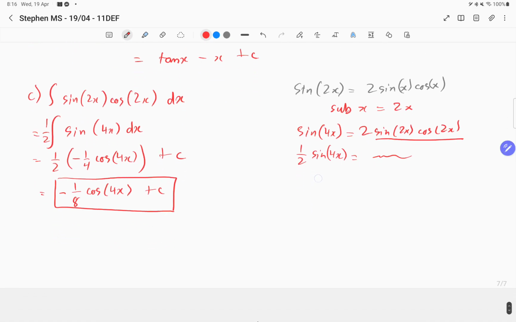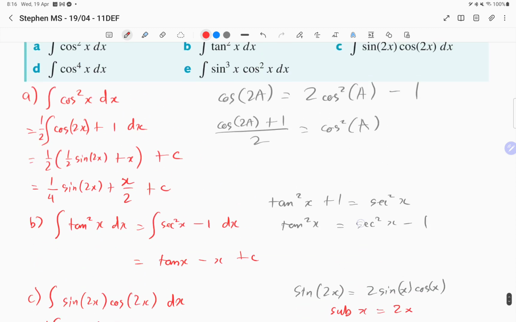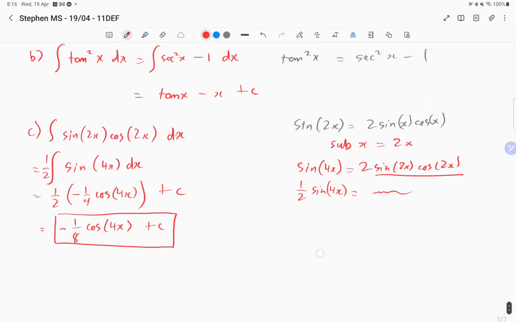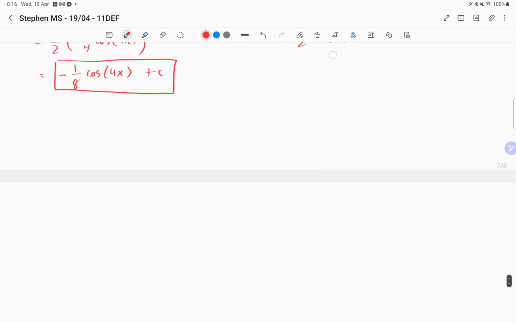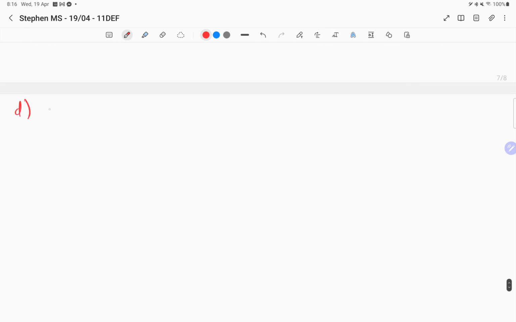Okay, next is the antiderivative of cos to the power 4 of x. Question D. Look at the identities, there's nothing for that. The maximum you can do is cos squared, like the one we used earlier.